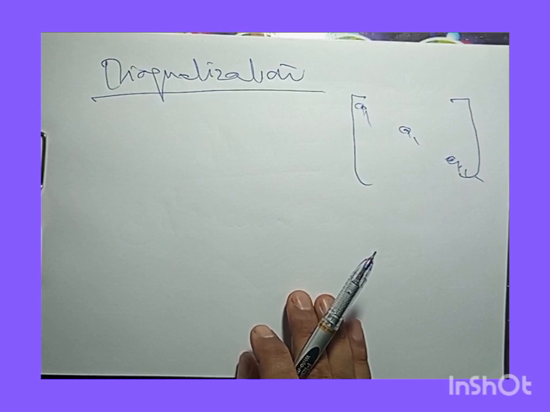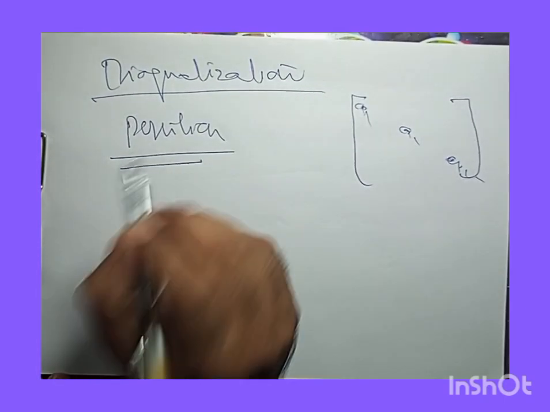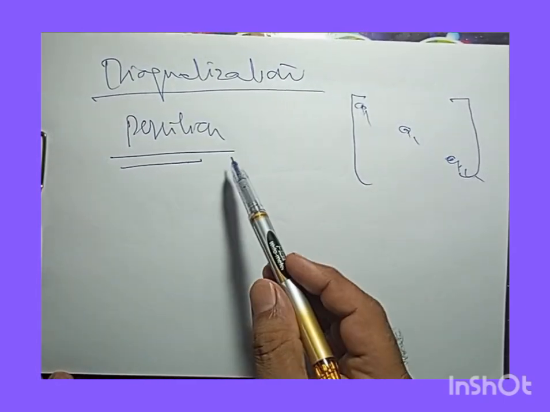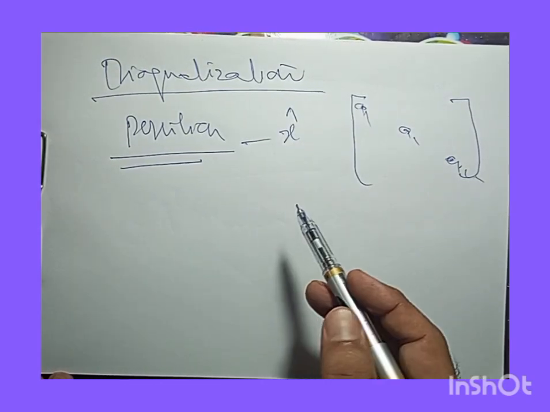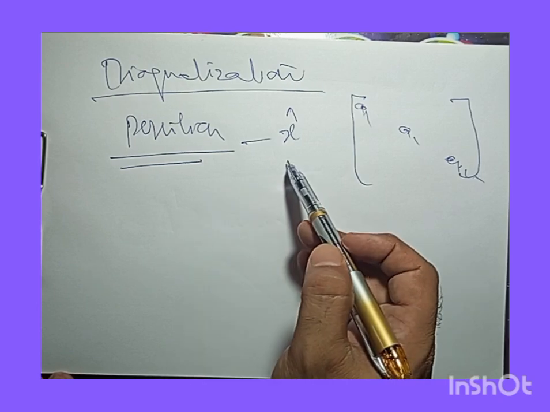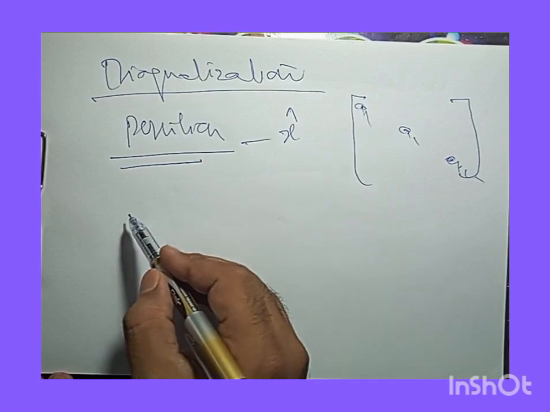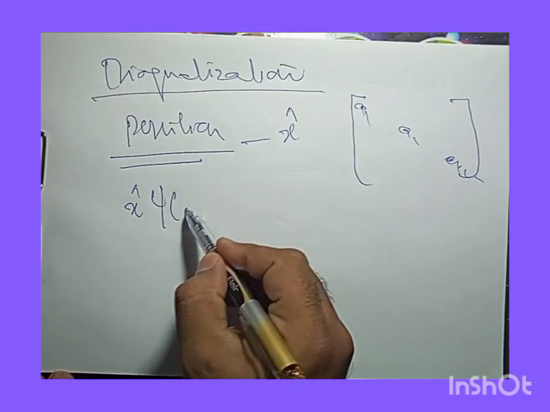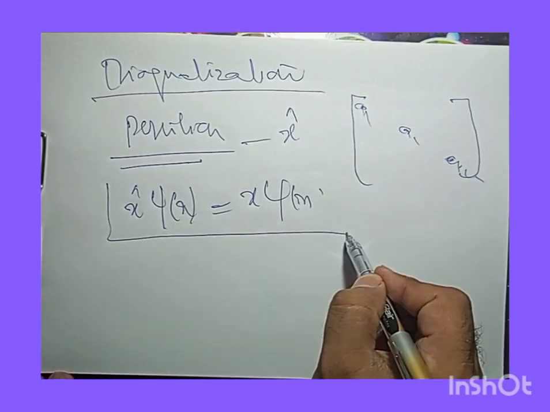If I talk about position first, in quantum mechanics the position operator, say x cap, in one dimension is a Hermitian operator. In the position representation, it's represented by x cap acting on some wave function psi of x. If it operates on a wave function psi of x, we have x psi of x.